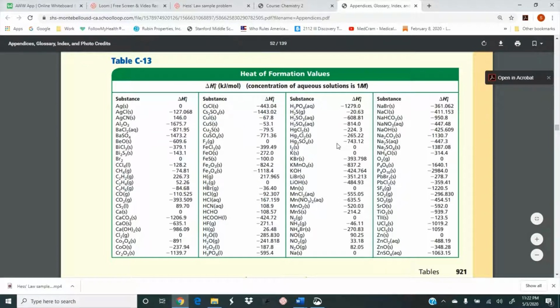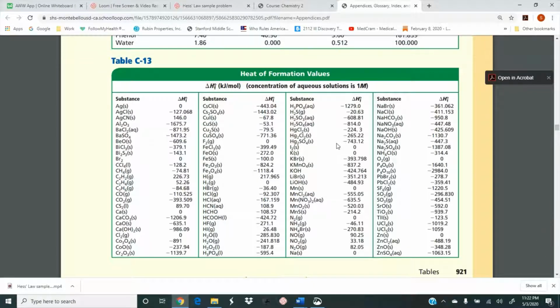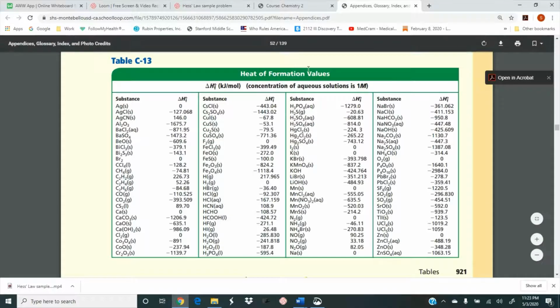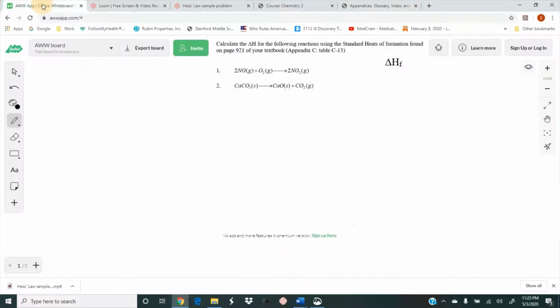Basically, look up the heats of formation of the products, multiply each by its coefficient in the balanced chemical equation, and then subtract the heats of formation of the reactants, also multiplied by their coefficients. There was an equation I put up on the PowerPoint. I don't have it available right now, but that's all it's saying.